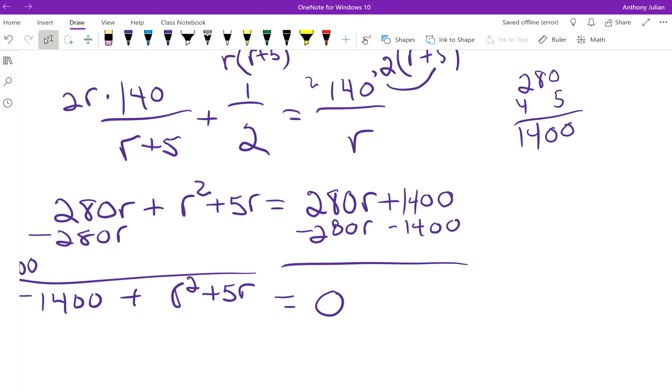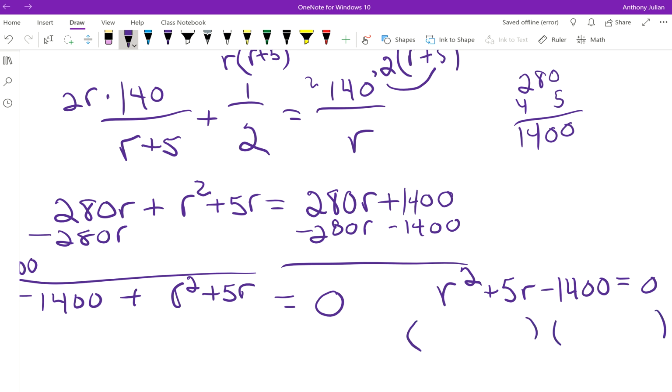What have I got? r squared plus 5r minus 1400 equals 0. And now I've got to factor that, r squared plus 5r minus 1400. Okay, I'm going to set up my parentheses.